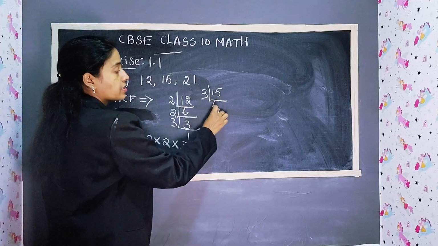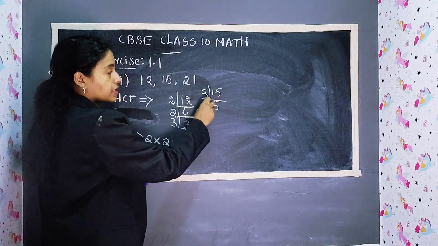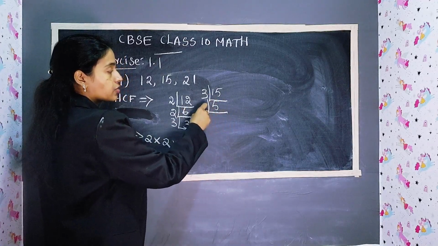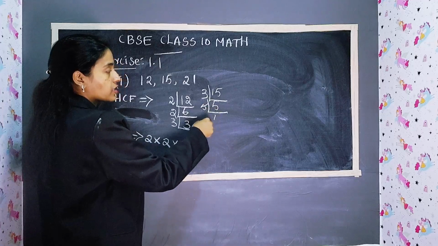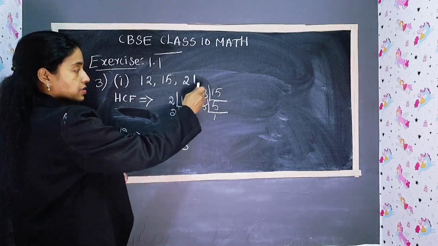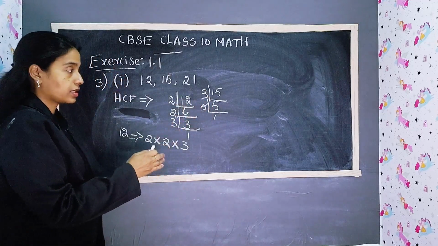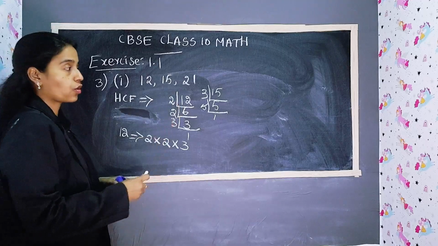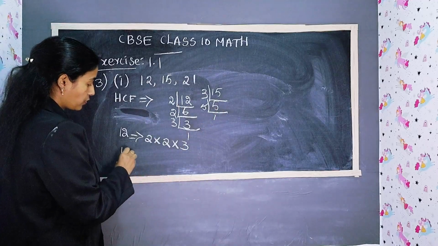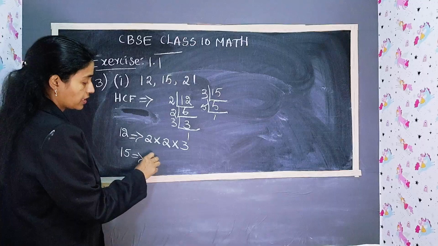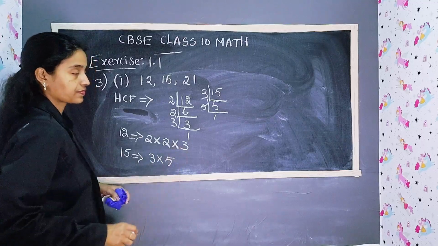So five 3s are 15, right? And again I need to take 5. One 5 is 5. So this 3 and 5 are the prime factors of 15. So for 15 I can write 3 into 5.